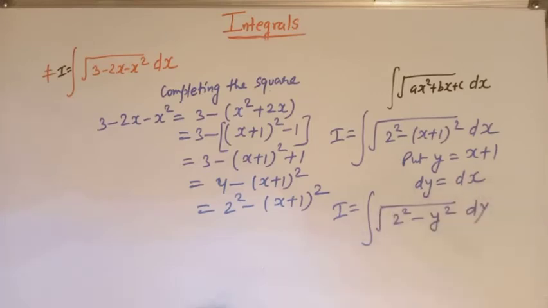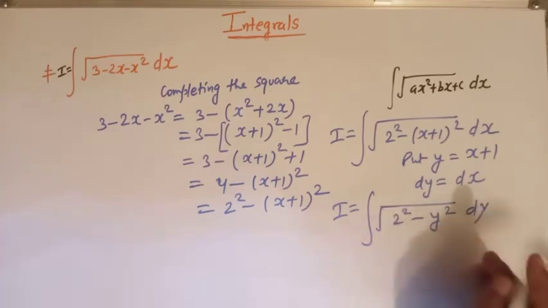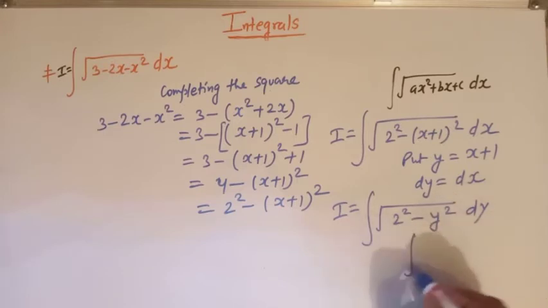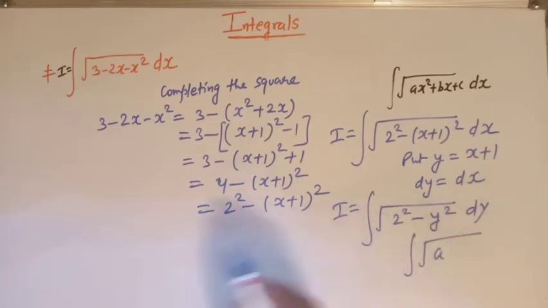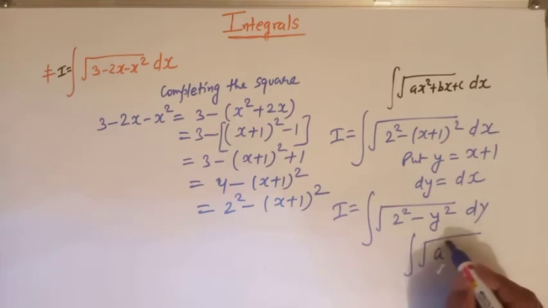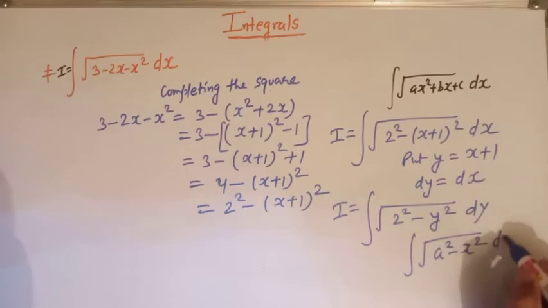dy. Clear? Now here we see that this integral is of the form which we have just derived, that is the integral of the square root of a square minus x square dx.